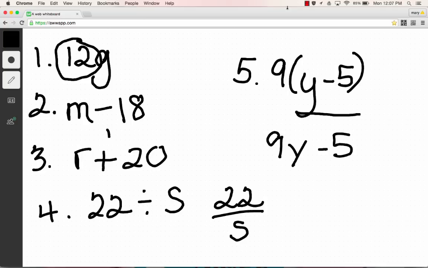But the question was 9 times the whole entire difference. So I hope that you're seeing that distinction, that these parentheses are non-negotiables. This one is not right. This one is the correct way to do that. And notice right here, that coefficient is never going to go behind. It's going to go in front, just like when we look over here at 12g, the 12 is in front of the variable. Parentheses, we're going to have the number in front.